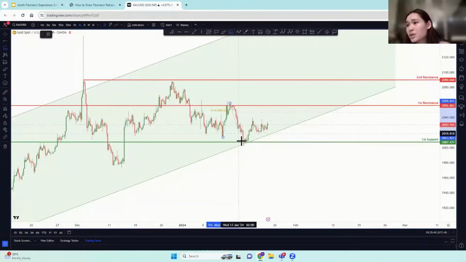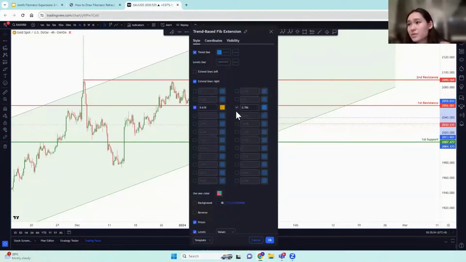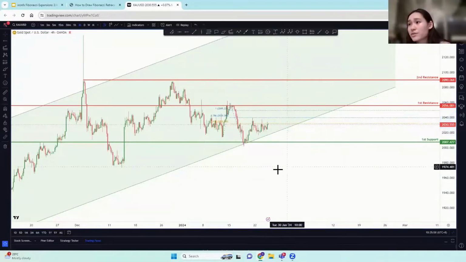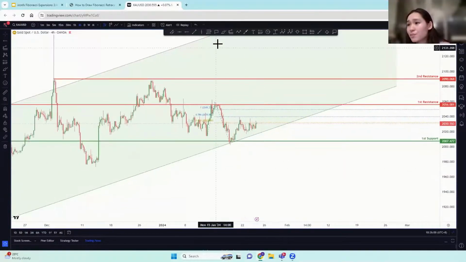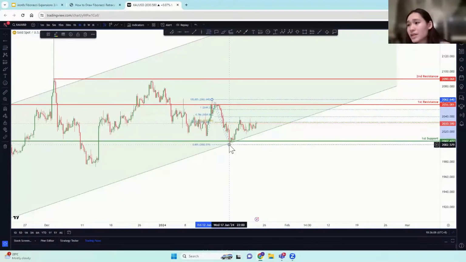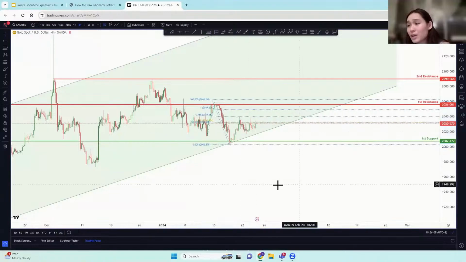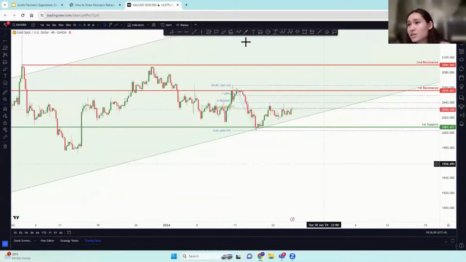So this is my starting point, middle point, and ending point. And for projections, we use 61.8, 78.6, and 100%. So I'm just going to have all of those levels first. Next, I'm going to be taking a retracement because I want to see if I have any levels that line up with our projection, which you can see that is over here.